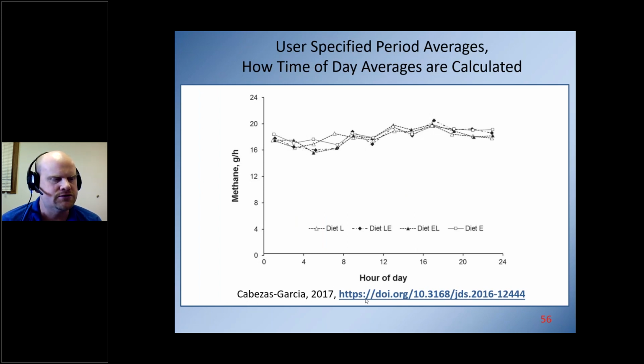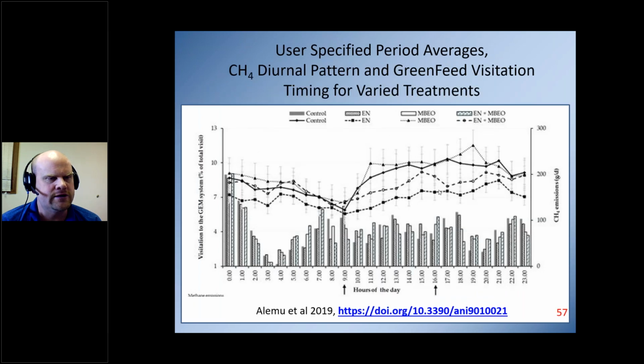This would be a study by Edward Caballos Garcia, where they looked at the diurnal pattern of varied dietary treatments. And you can see really there's no clear difference in the treatments over the course of the diurnal pattern. But in other cases, this is another study by Amalu up in Lethbridge.